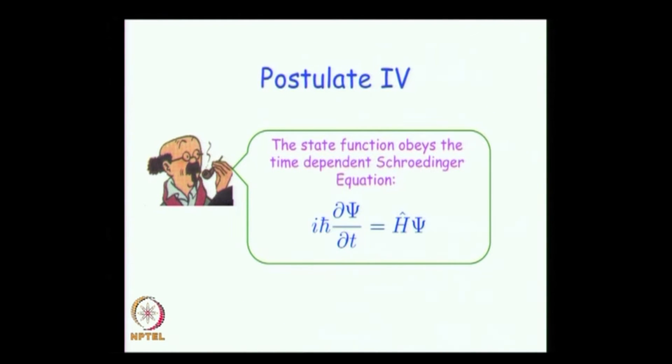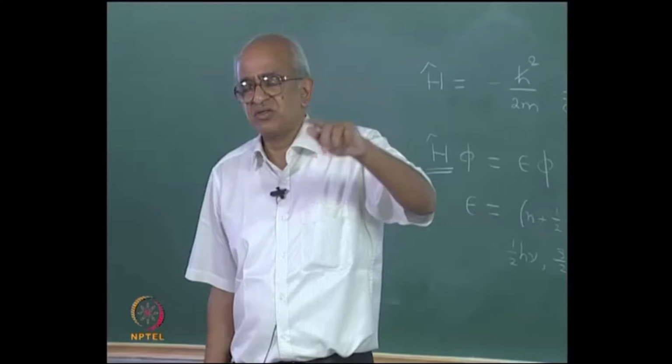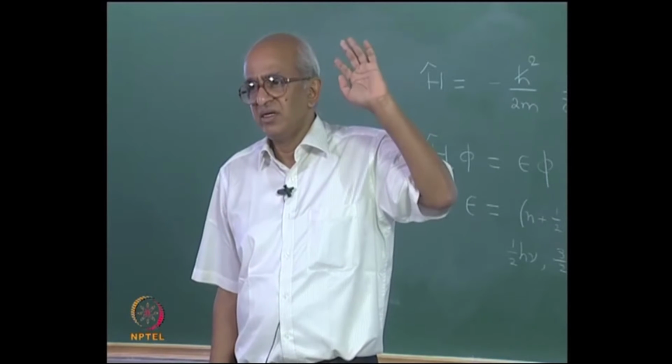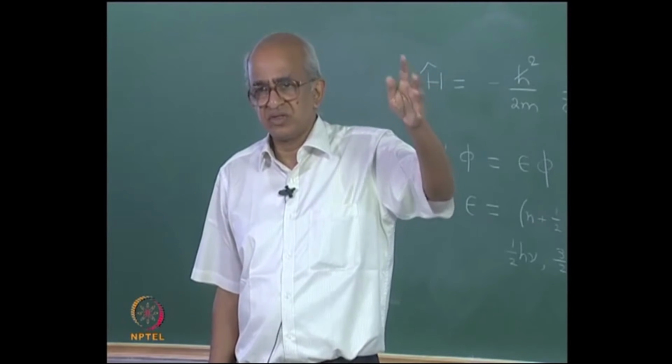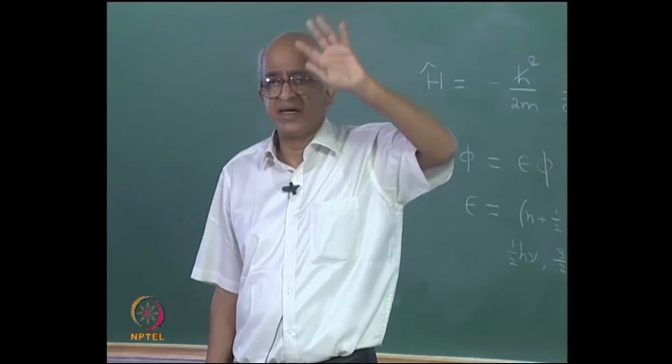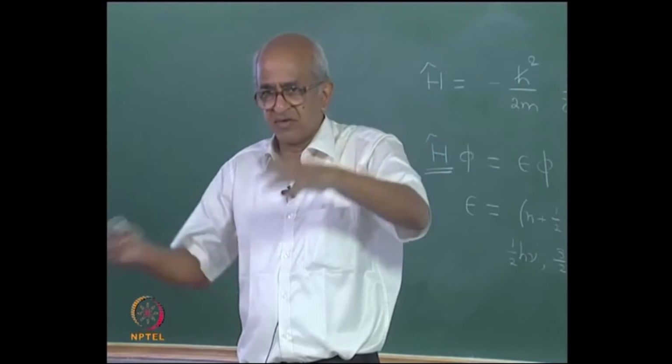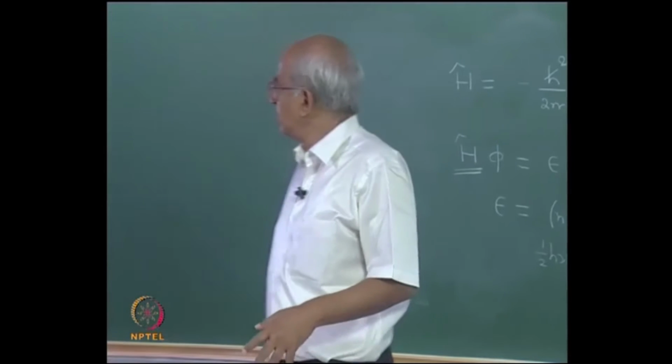So, this is the postulate. It says that the state function obeys the time dependent Schrodinger equation. As I have mentioned earlier, we have these 4 postulates, but instead I could have started with the path integral approach, introduced the path integral formula as a postulate, and then tried to derive quantum mechanics from it.